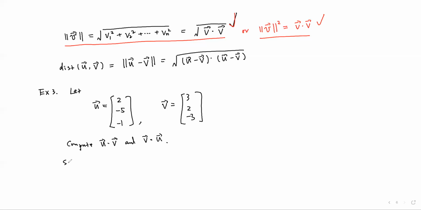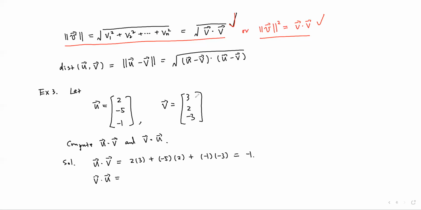All right. Now, by formula, u dot v inner product is first entry times first entry plus second entry times second entry plus third entry times third entry. Then calculator, -1. Then how about v dot u?